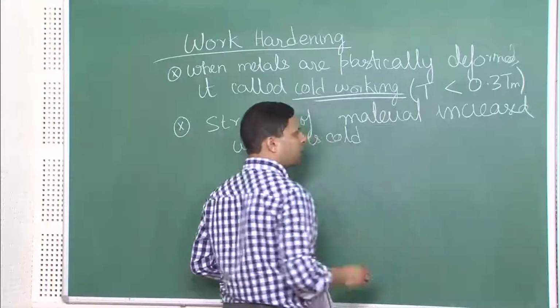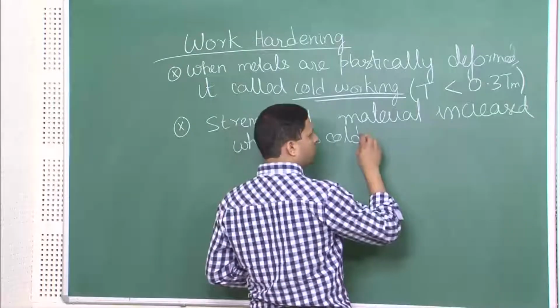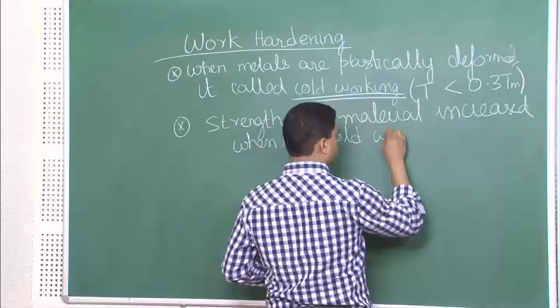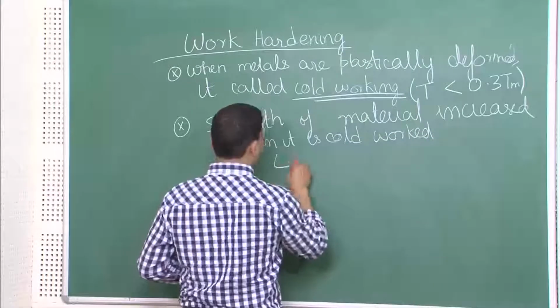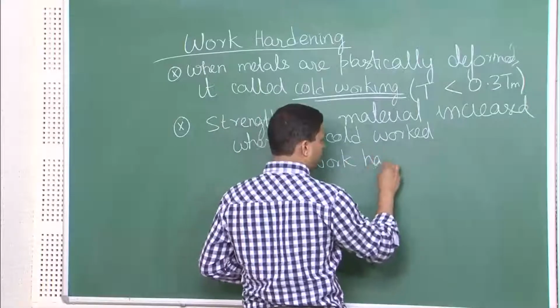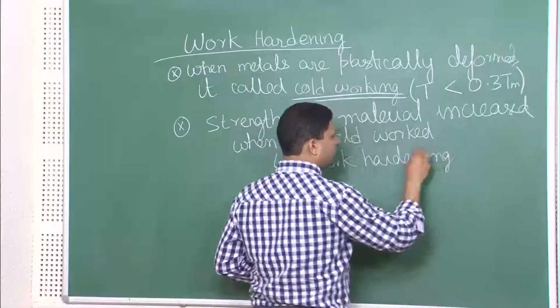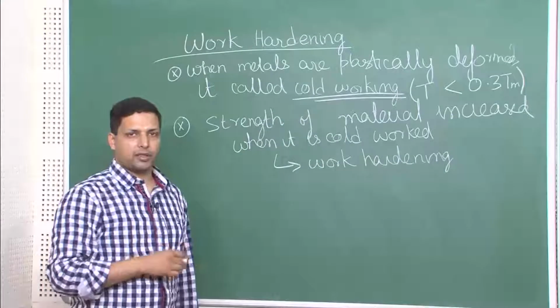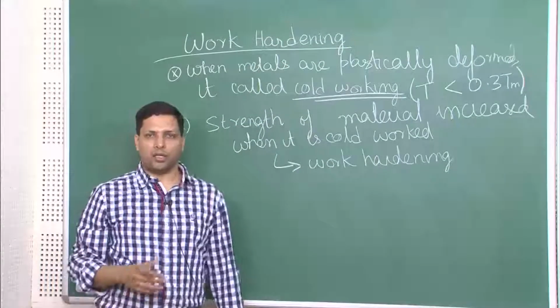That is why I am saying we are not getting into the whys of it, we are just looking at what happens, and this is what we call work hardening. So, the more the material is deformed, the higher is its strength. That is what work hardening would mean in summary.